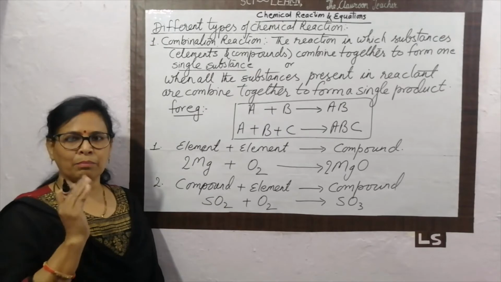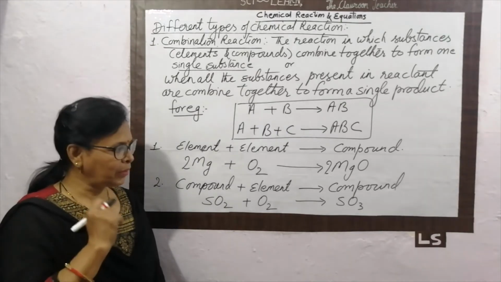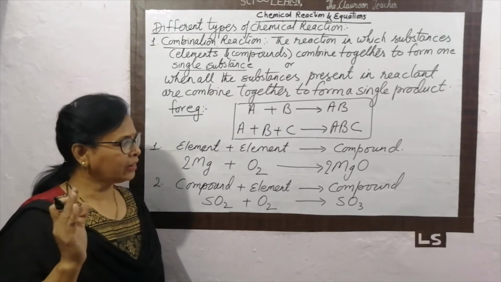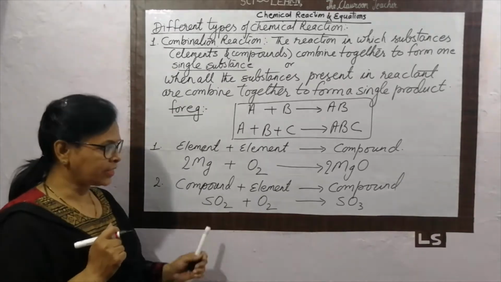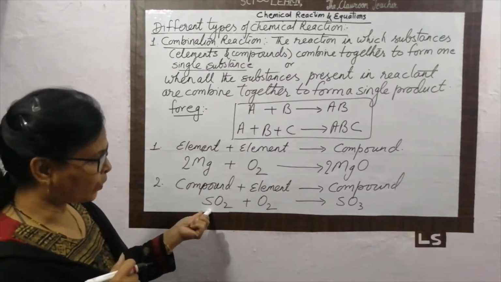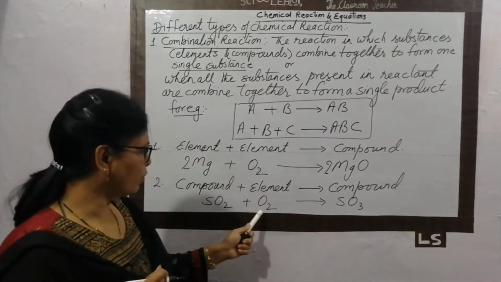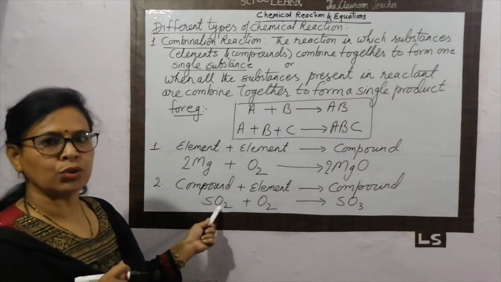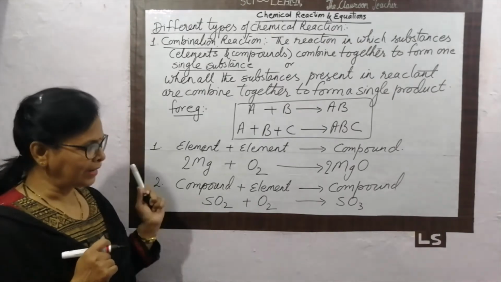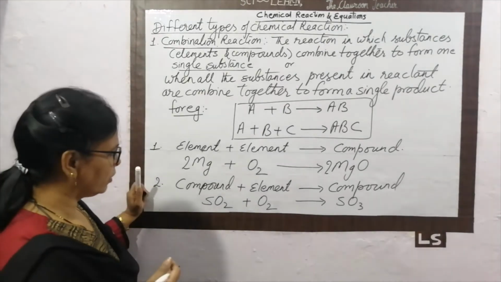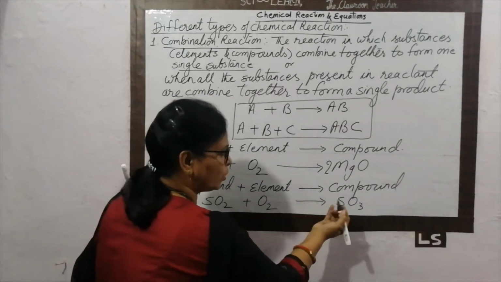Sulfur dioxide is a compound, oxygen is an element, and the product is the compound sulfur trioxide. Check the balancing. Here sulfur is 1, here sulfur is 1. It's okay. But here oxygen is 2, and what about the oxygen here? It is 3. We have to balance it.